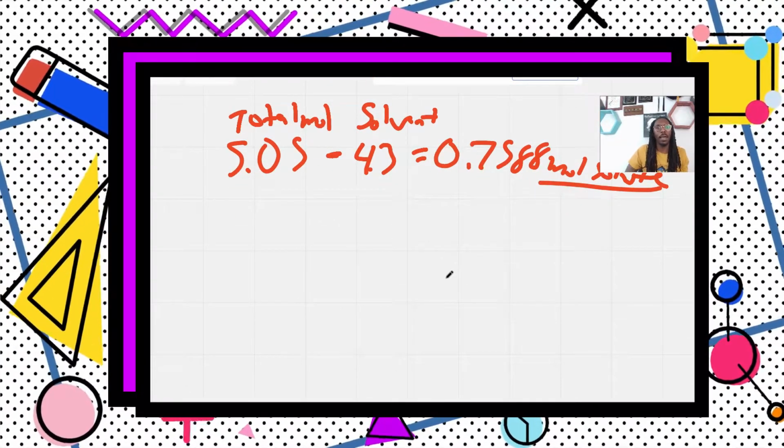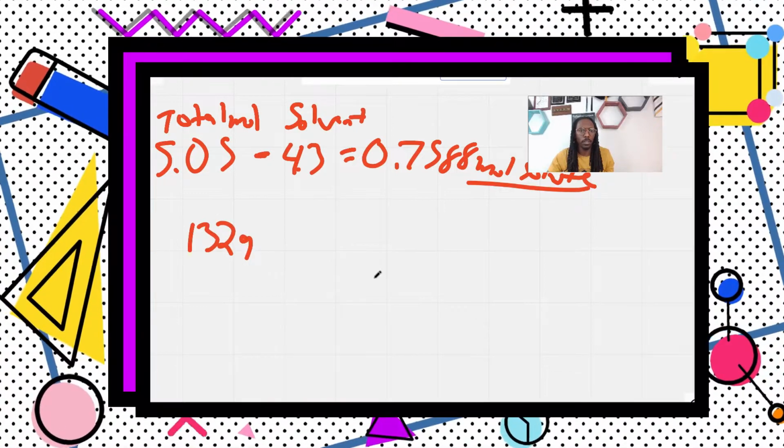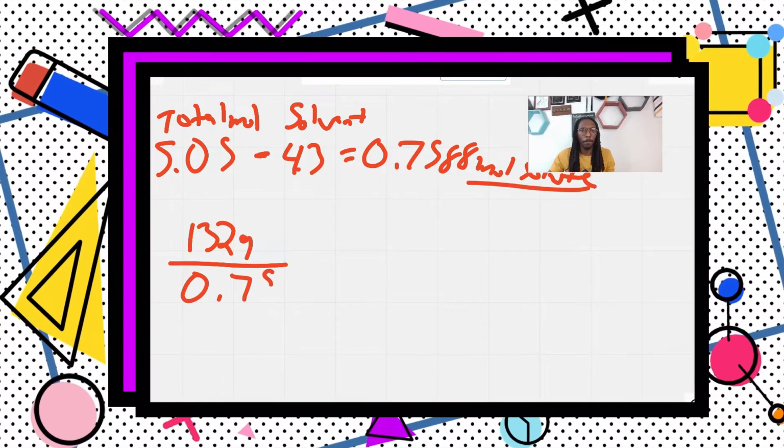Yes, because molar mass is just grams over moles. So I'm going to take my 132 grams, which is all unknown, and then take the moles that we just found here.